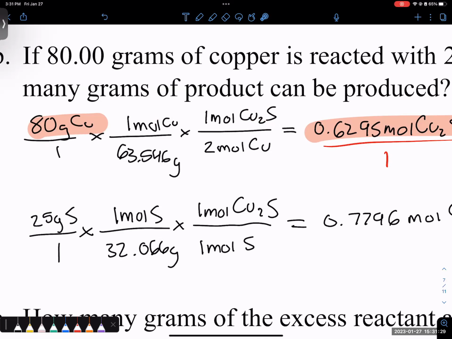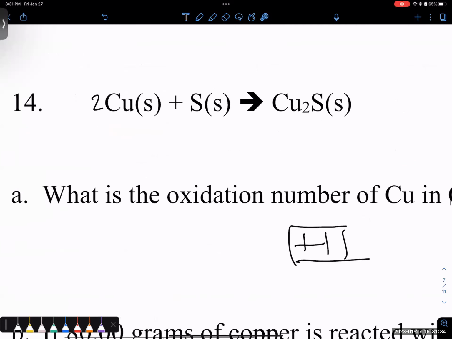So that's how we're going to get to moles of different things. And usually that's when you have a chemical reaction. You want to go from reactants to products in a reaction, right? That's the whole idea of running a chemical reaction. So in order to go from the reactants to the products, you need to use the molar ratios in the balanced chemical equation. Okay, so that's why we're using them in this problem.